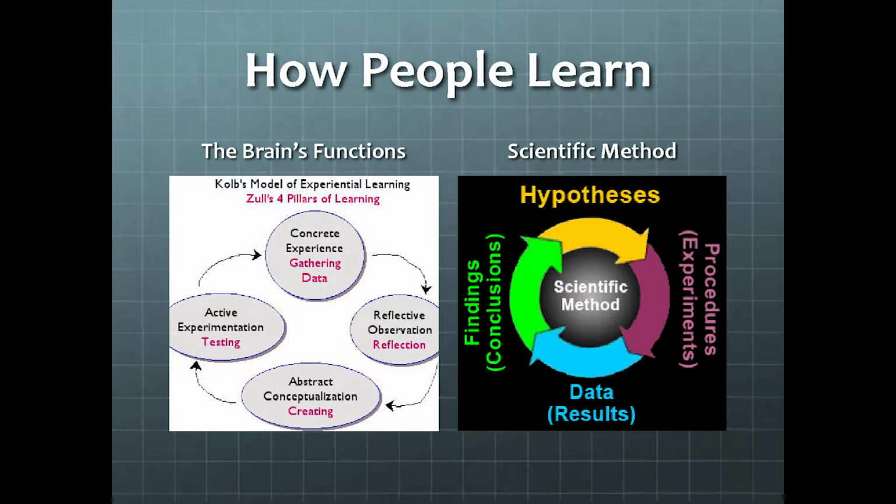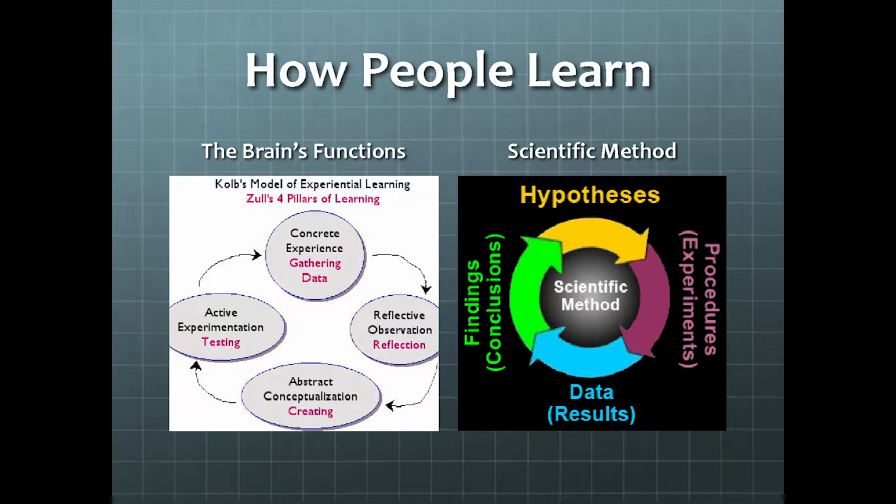So when we looked at how to think about how problem-based learning works, we thought about the different models of learning that are important, and we began to see some commonalities. In Kolb's model of experiential learning, you see concrete experience, reflective observation, abstract conceptualization, and active experimentation. That looks a lot like Zull's four pillars of learning: gathering data, reflecting, creating, and testing.